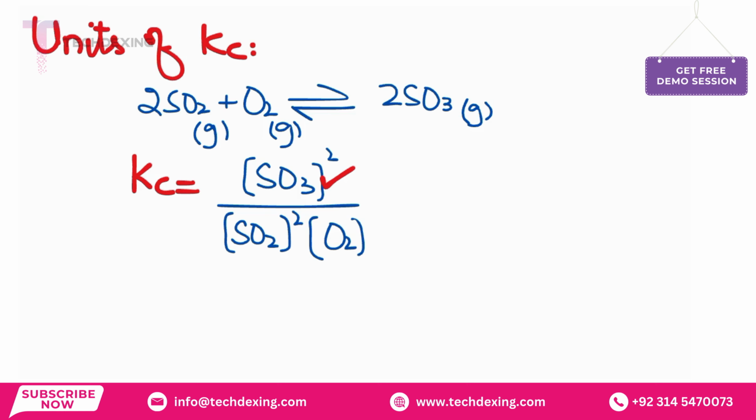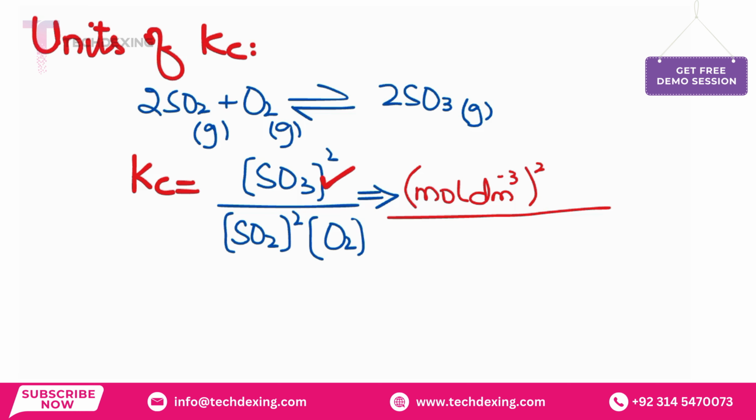I have told you that if you are writing the concentration terms in square brackets, it means that you are using the units of molar concentration, mole per dm cube. So I would write here mole per dm cube and its square, right?